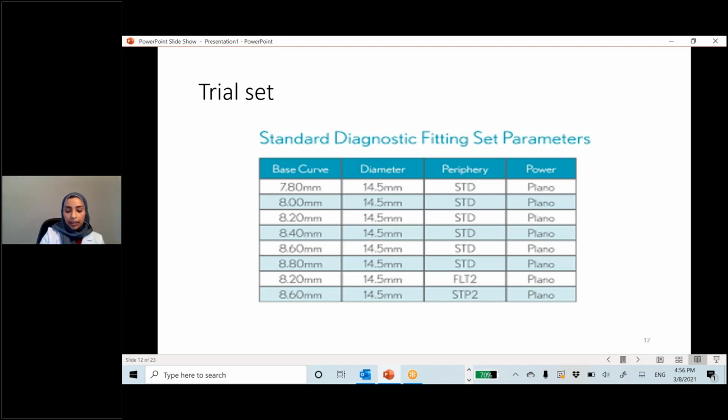The trial set is an 8-lens trial set, and what I would like to focus on is the core lenses, which are the first 6 lenses that we see here, the 7.8 to 8.8 standard lenses. So again, the power is plano on all the lenses, and the diameter is 14.5, but this can be customized when you order.